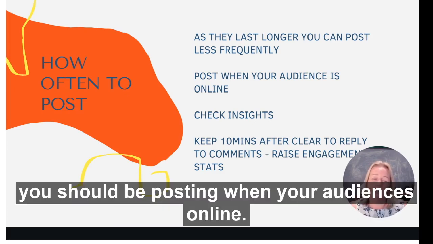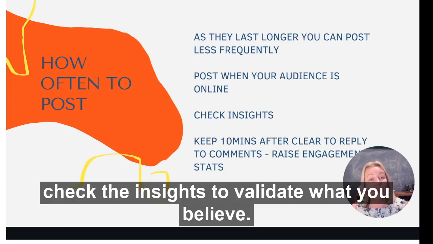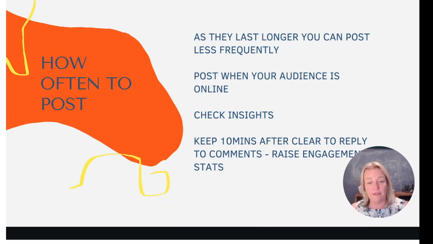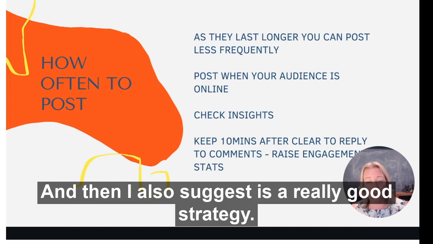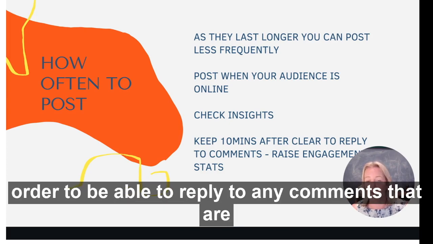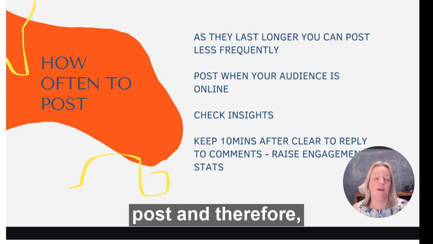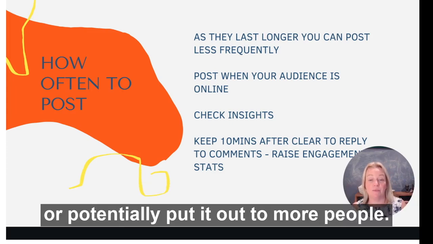But more importantly, you should be posting when your audience is online. Think about when they're online, check the insights to validate what you believe. And then I also suggest as a really good strategy, try and keep 10 minutes clear after you post it in order to be able to reply to any comments that are coming up. This really helps the algorithm trigger that this is an interesting post, and therefore it will potentially put it out to more people.